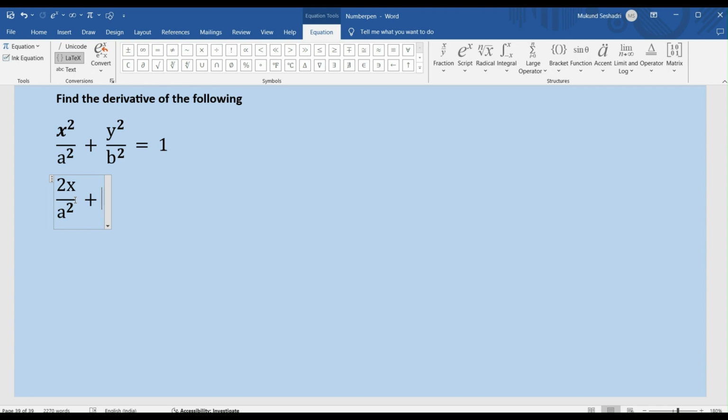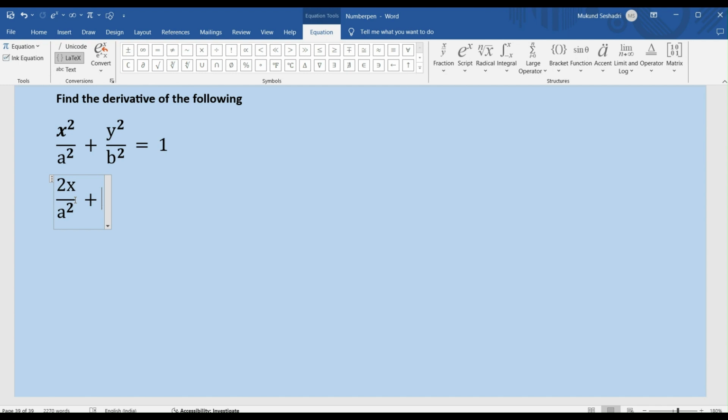One is an outer function, which is my square function, right? And my square function here is y square. And then I have an inner function, which is y, right? So my outer function, I differentiate it with respect to the inner function. So when I do a differentiation of y square with respect to y, what is it? It is nothing but 2y, right?